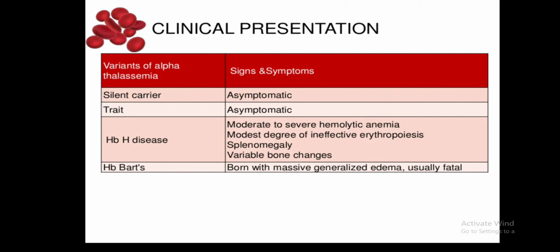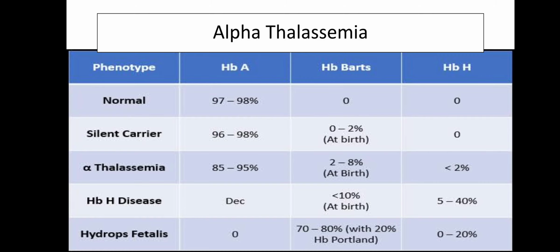So trait and silent carriers are asymptomatic. In HbH, hemoglobin H disease, moderate to severe hemolytic anemia, a modest degree of ineffective erythropoiesis, splenomegaly, and variable bone changes can occur. In Hb Bart's, the baby will be born with massive generalized edema called hydrops fetalis, and it is usually fatal.